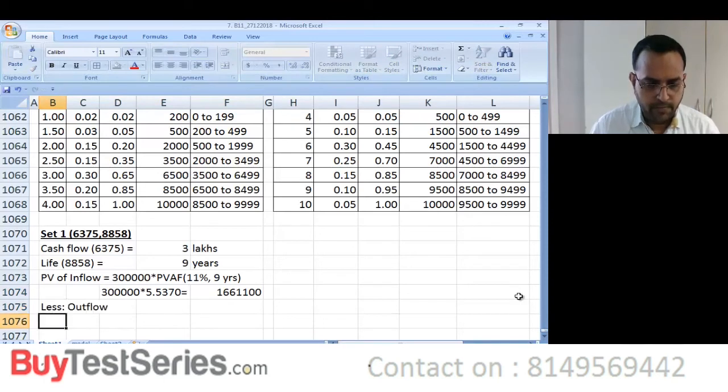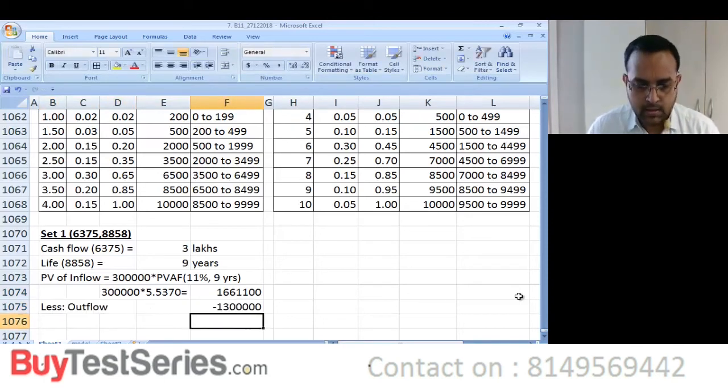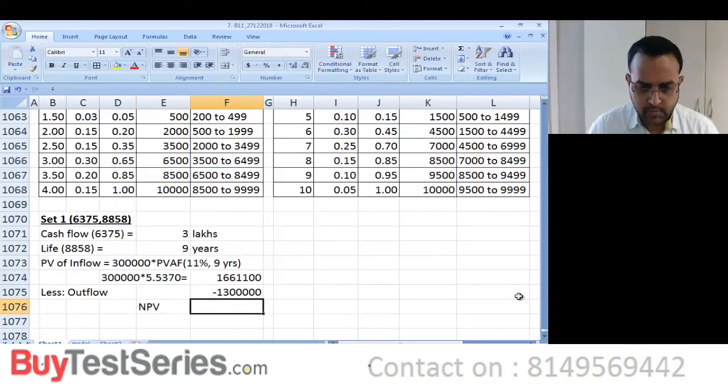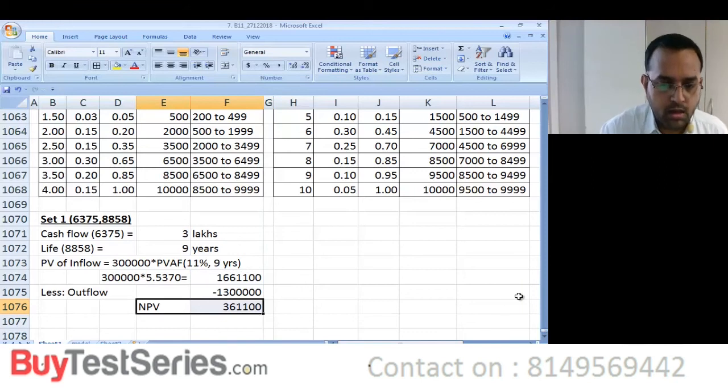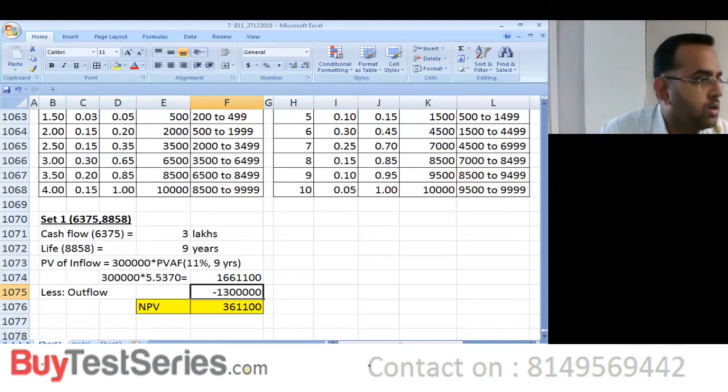Less outflow, which is 13 lakhs, net present value is 3,61,100.